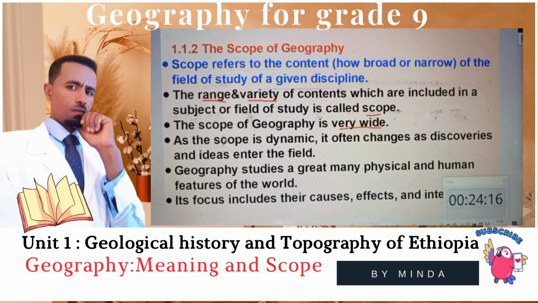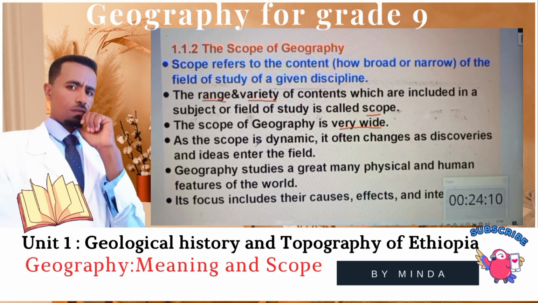The scope of geography is very dynamic. It is very wide and it is dynamic. Because of the dynamics of the scope of geography, it has a very wide range.